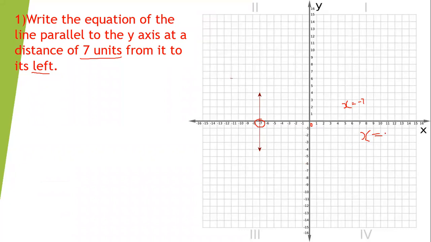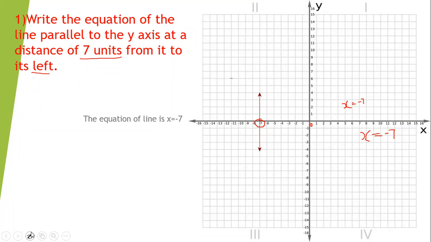So you write -7. In this way, first write the name of the axis and then write the coordinate. So here we got the equation of this line as x is equal to -7. That is the answer you have to write.